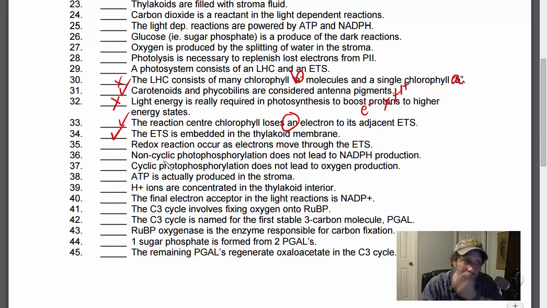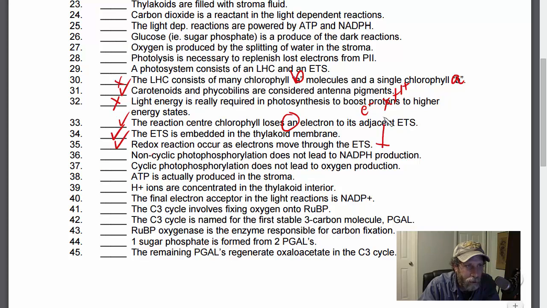Number 35. Redox reactions, oxidation reduction reactions, occur as electrons move through the ETS. That's true, right? As the electron goes to an electron component or an ETS component, it becomes reduced. The other one is oxidized as it loses, so this is true. Non-cyclic photophosphorylation does not lead to NADPH production. Okay, we got to be careful. We got non and we got not.